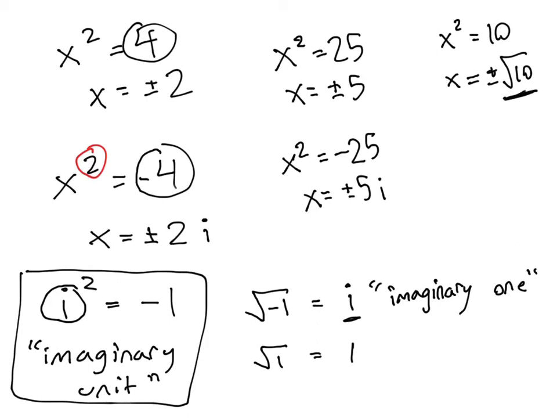So this square root of 10, that just means some number that if we multiply it times itself equals 10, and you could use a calculator to calculate what that number is as a decimal. So we could also find the square root of negative 10. It would be plus or minus square root of 10 i.